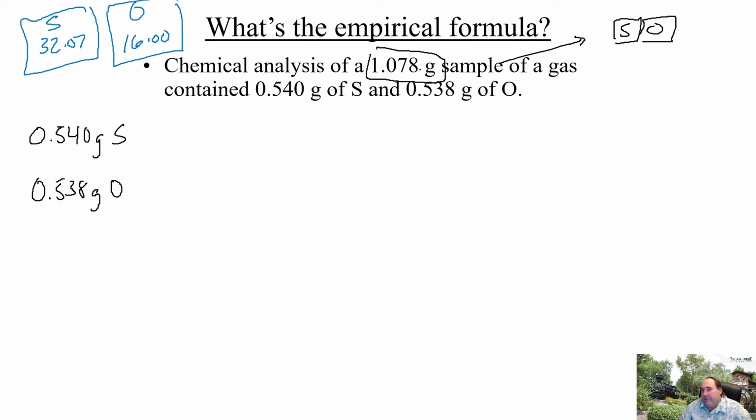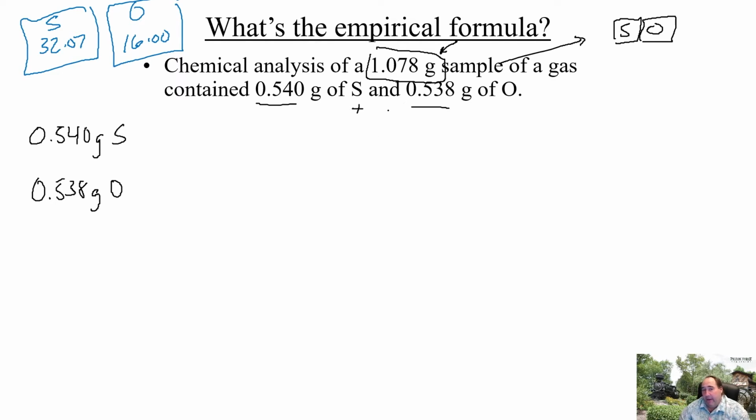I know that because if I take the grams of sulfur and the grams of oxygen and add them together, it comes to this number. So that is just telling you that, yes, sulfur and oxygen are the only elements present here.